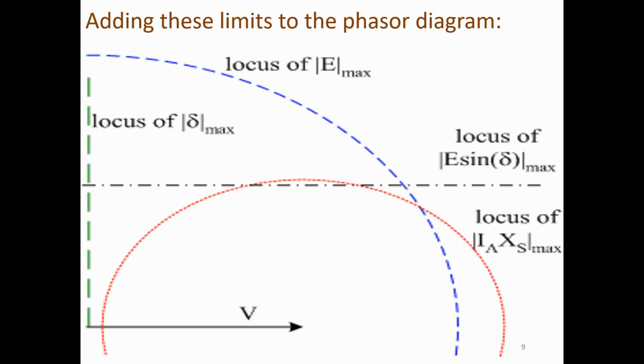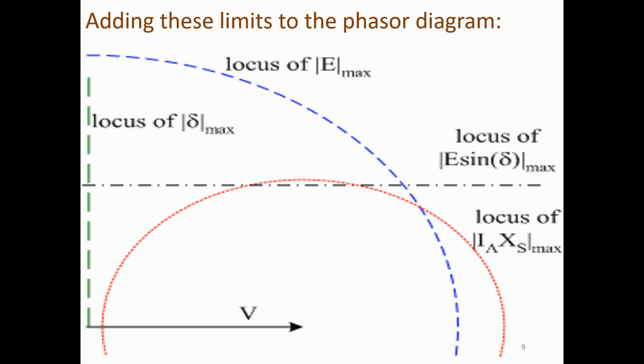So the thermal limit, mechanical limit, and electromagnetic limit can be divided into four limits. First one, denoted by blue color, is the locus of E maximum, which is called the rotor heating limit. Second one, denoted by red color, is the locus of Ia maximum, which is also called the stator heating limit.